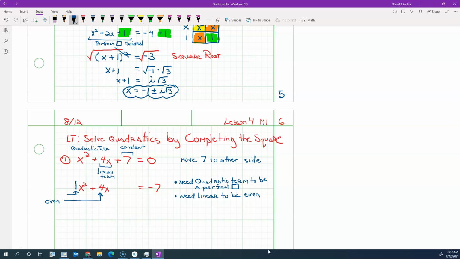Remember, there's a 1 there, even though we don't see it. So we don't have to do anything to this equation. It's ready to roll. All right, so once you've satisfied this, these are both done, check, check. Now you can complete the square.